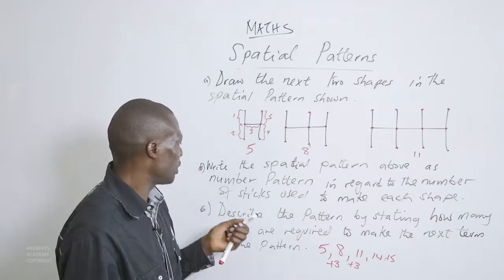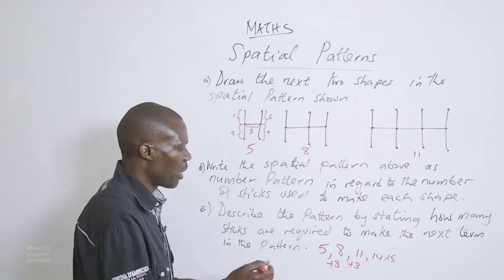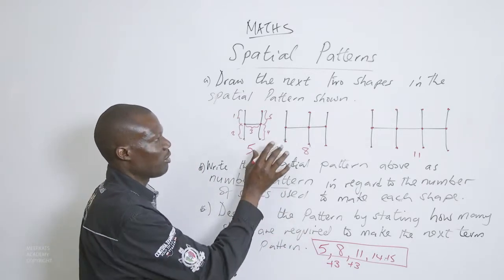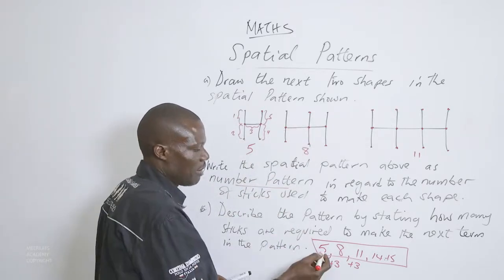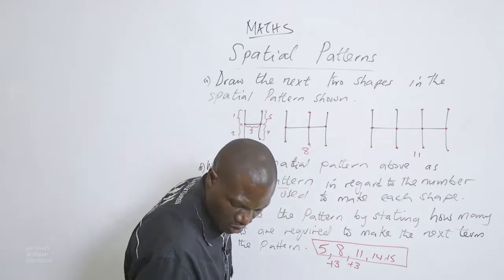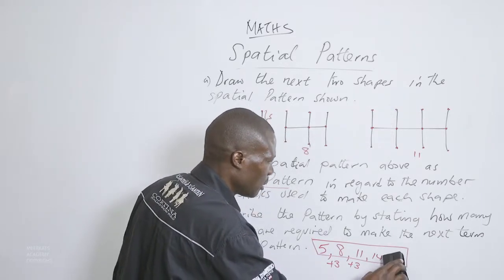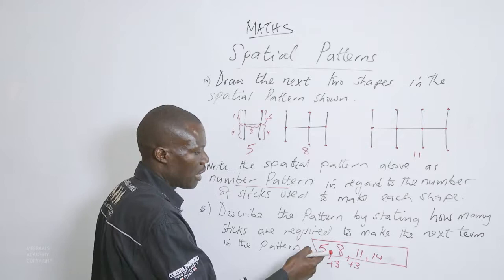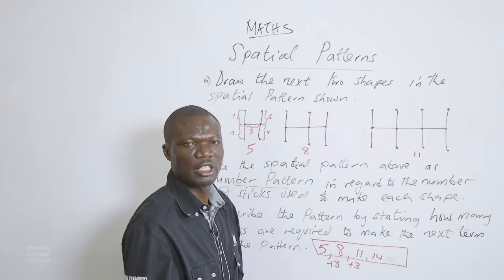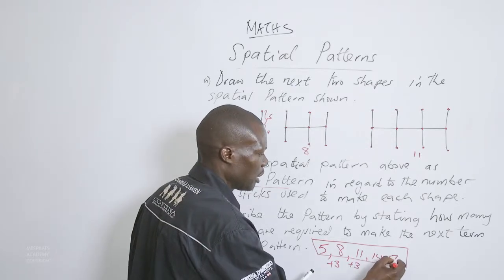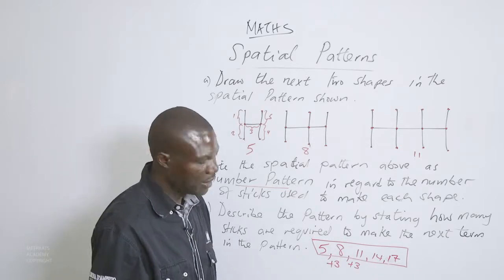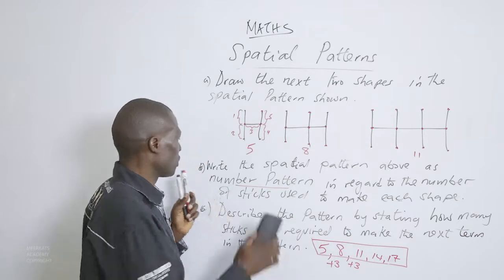The number pattern that they require for this particular spatial pattern is 5, 8, 11, we are adding 3, 14, that is 11 plus 3 is 14, 14 plus 3 is 17. So that is the number pattern that we require to answer solution B.